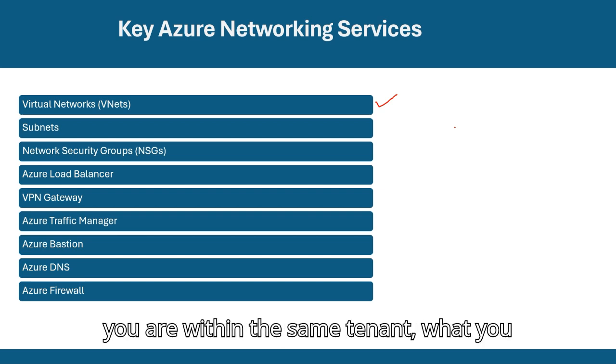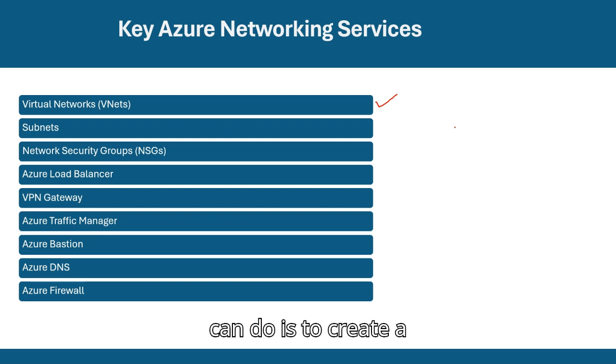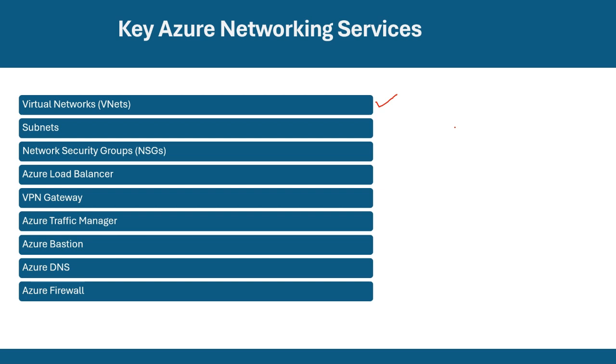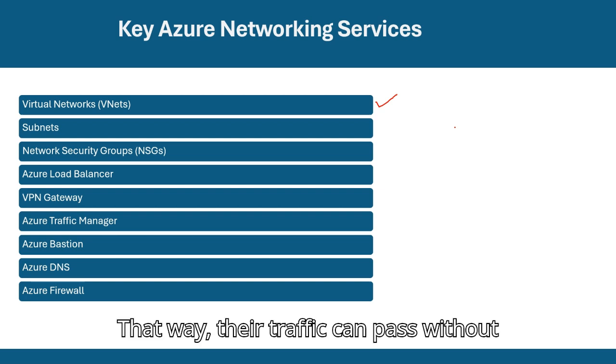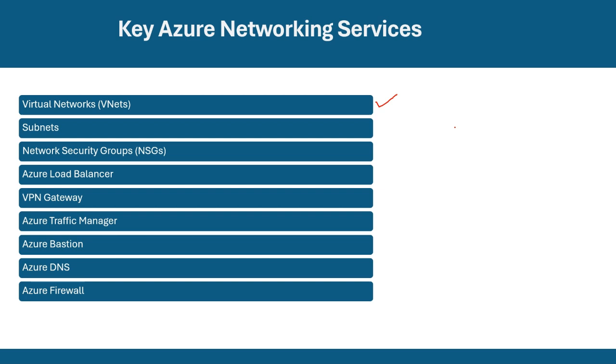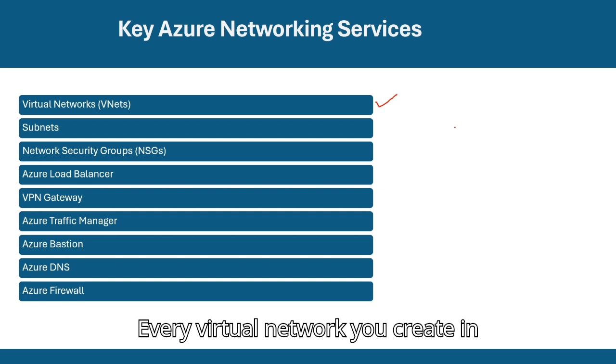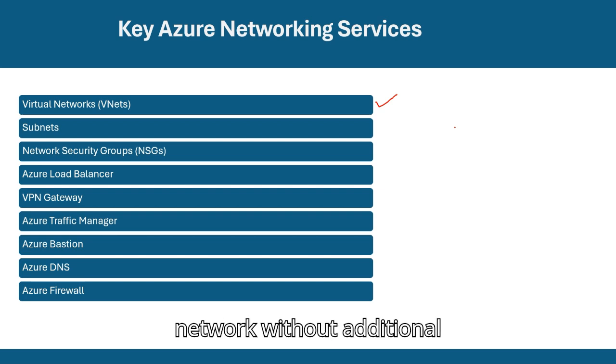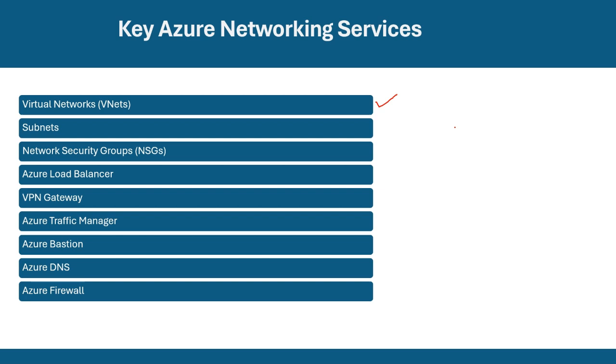So even if you are within the same tenant, what you can do is to create a virtual network for each of the entities. That way, their traffic can pass without crossing paths. Every virtual network you create in Azure cannot talk to the other virtual network without additional configuration and components.